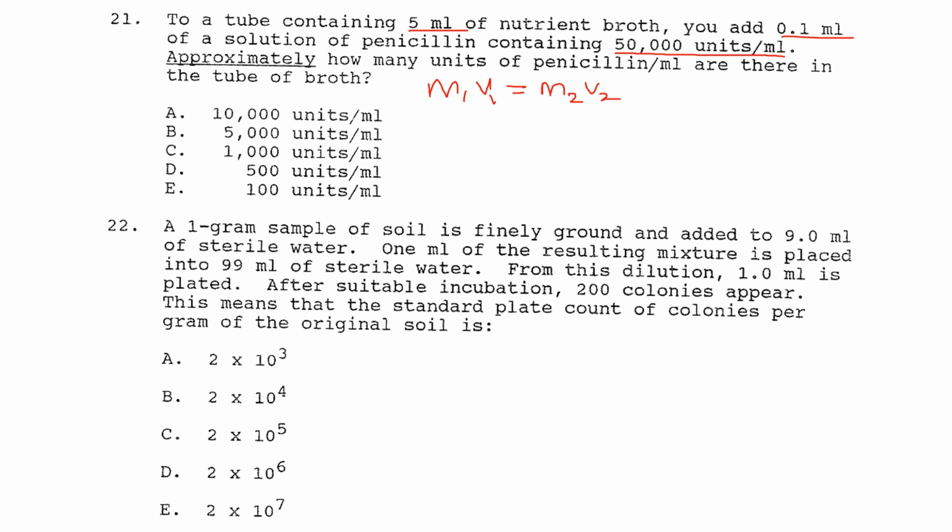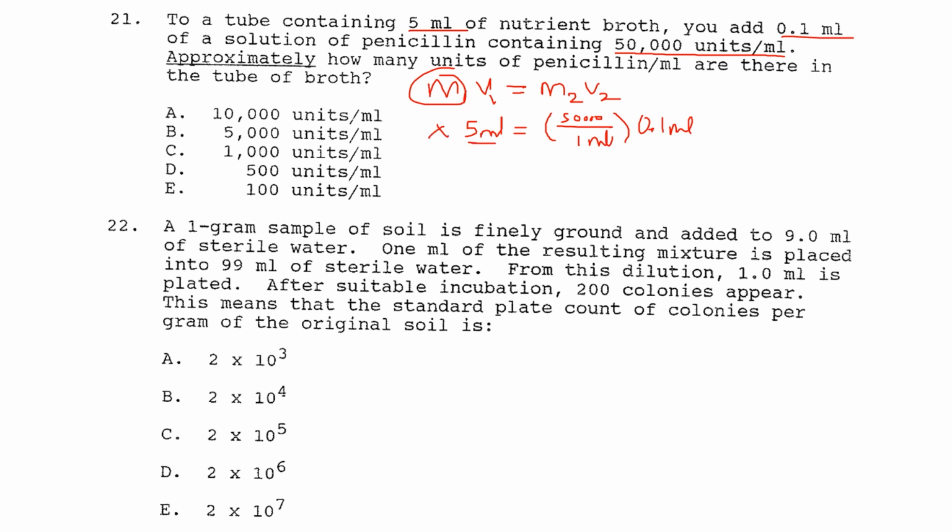Our tube has 5 mils of broth, that's our volume. We have our known concentration, which is 50,000 units per 1 mil, and we know how much of that stock solution we added, which is 0.1 mil. And we want to know the concentration in the 5 mils. So this is our unknown.